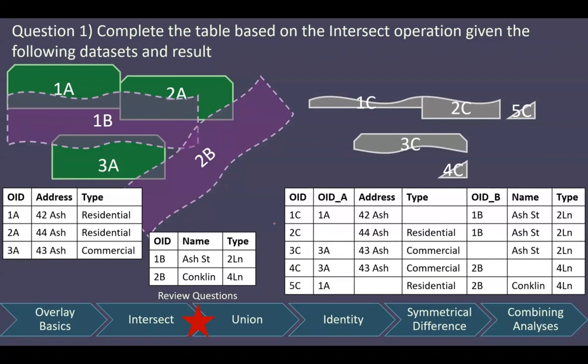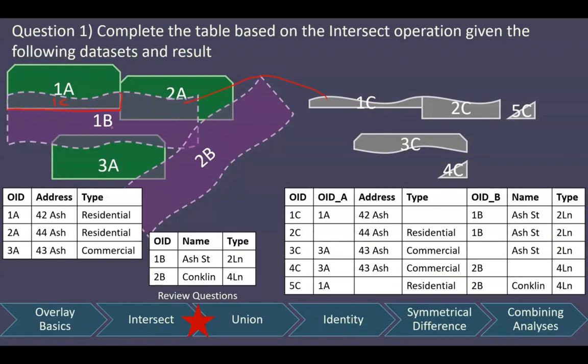Okay, so let's go ahead and go through these together. We have 1C, and we need to fill in the type. So the way I like to do this is to think back of what geometry is 1C. 1C in this case is the overlap between 1A and 1B.